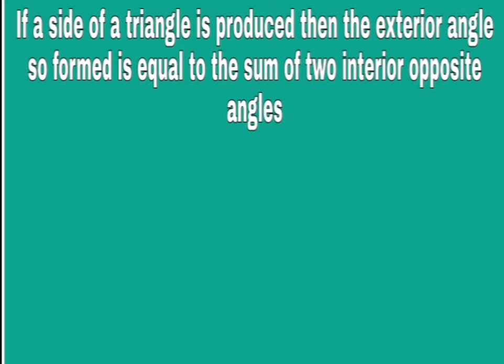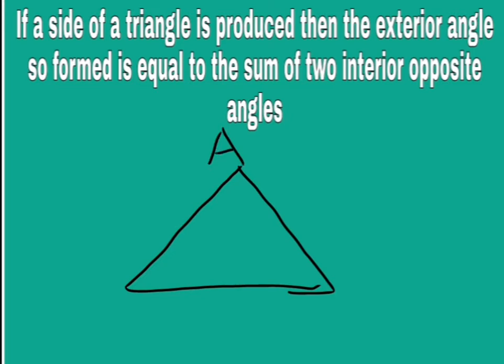Now let us try to understand this property. Let us consider a triangle and name it ABC. According to this property, if you produce, that means extend, any one of the three sides AB, BC and AC, here I am going to extend the side BC, like this it will be produced.